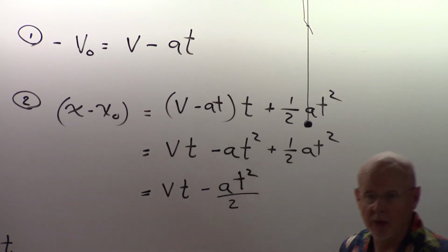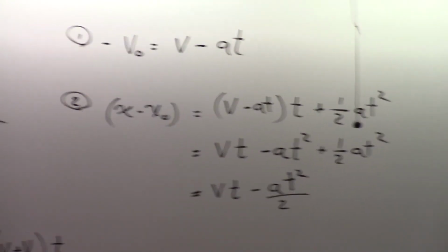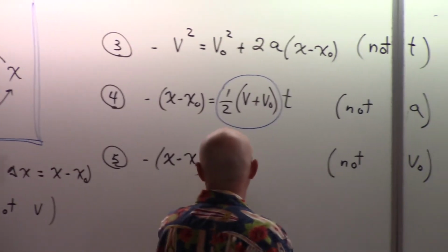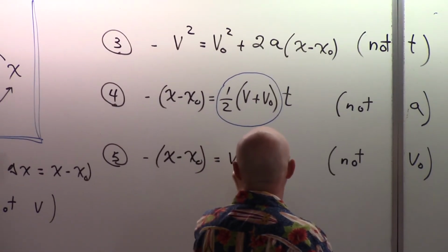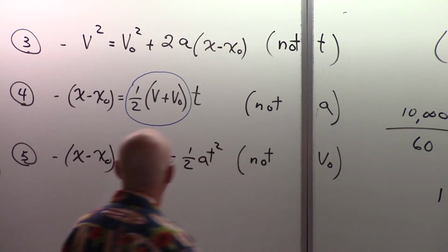And that's probably the best way to write that one. And so I'll put this one over here, which says x minus x naught equals vt minus 1/2 at squared.